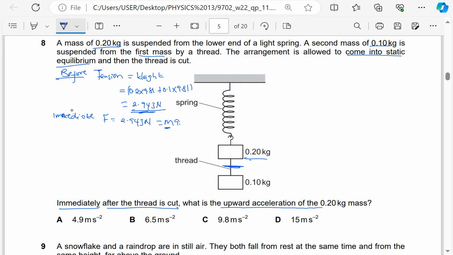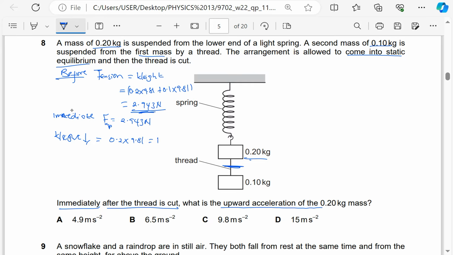So this is going to be the force upwards, not the resultant force, but the force upwards. Immediate force upwards is going to be that, not ma. This is going to be the immediate force upwards when the thread is cut. Then the weight downwards is simply going to be now 0.2 times 9.81.